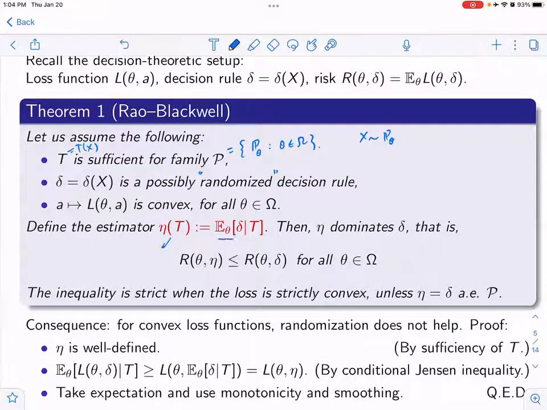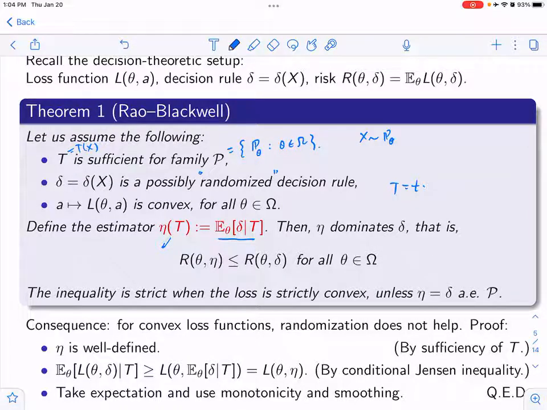So this procedure is some sort of a smoothing out or averaging. So you basically average delta over the level sets of T. So whatever information there is, which is noise, I'm going to average out over the values of t. So for any t, if the estimator is a function of t, it would be fixed. If the estimator is not a function of t, delta would still be random given t.